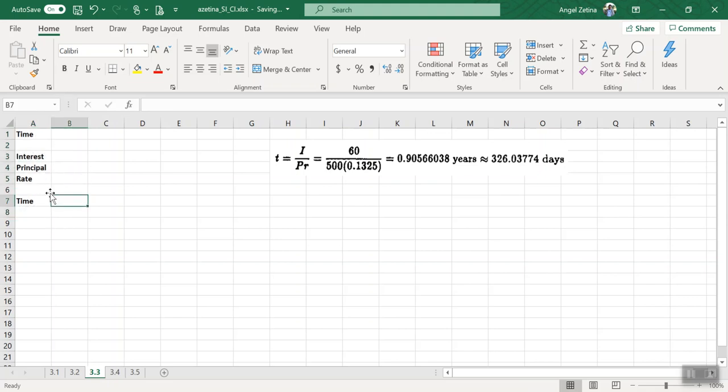The order really doesn't matter once you have the correct formula, but I'm putting it in such a way that we have the interest divided by principal times rate.